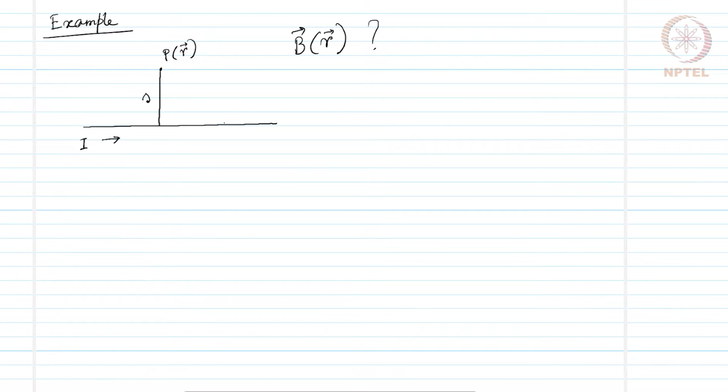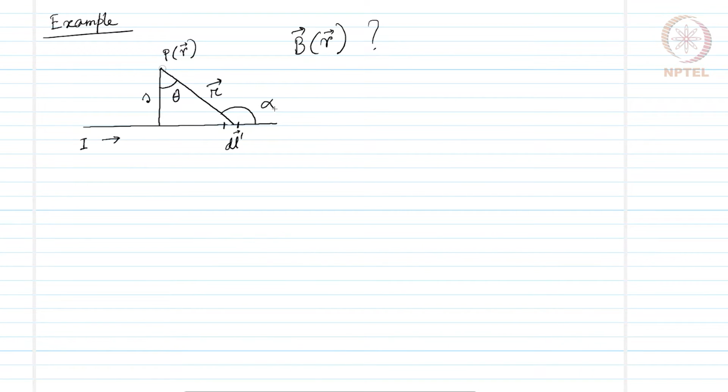So let's consider an element of line, that is an element of current here, dl prime, and the distance of our point of observation from that line element is r. This is the vector, and let's say this angle is theta and this angle is alpha.